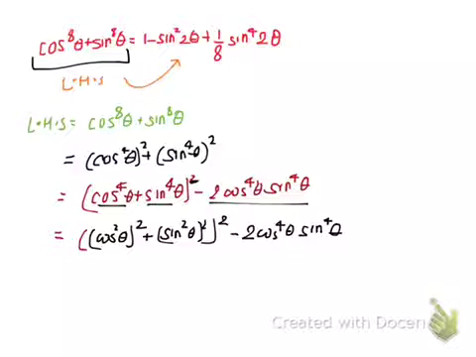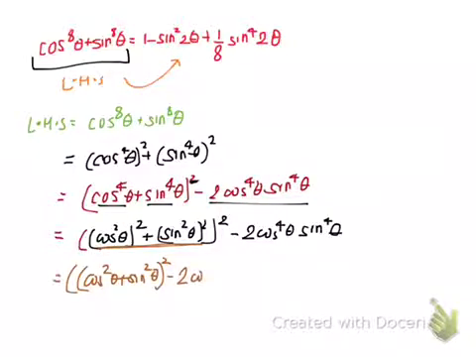Now once again I'm going to use the formula for a squared plus b squared, which is a plus b whole squared minus 2ab. So I get a plus b whole squared and then minus 2 cos squared theta sine squared theta and then the whole squared, and then the remaining term I'm gonna write as it is.